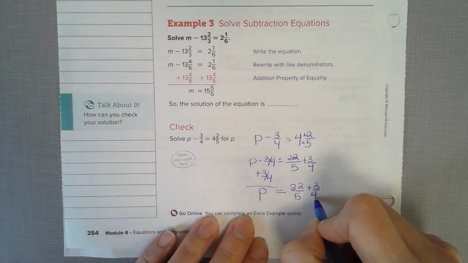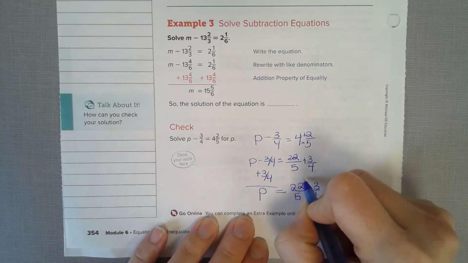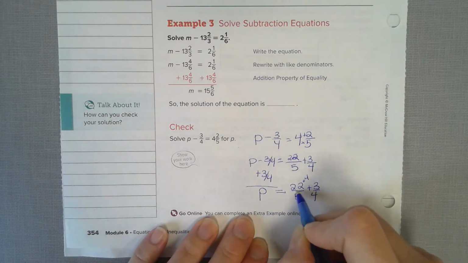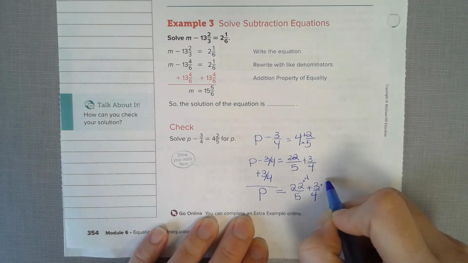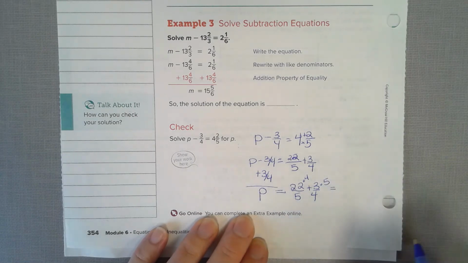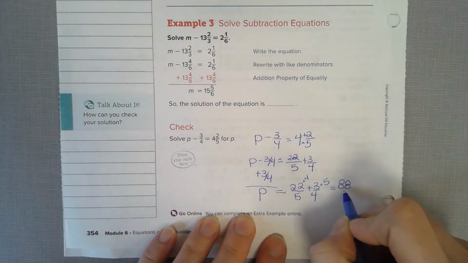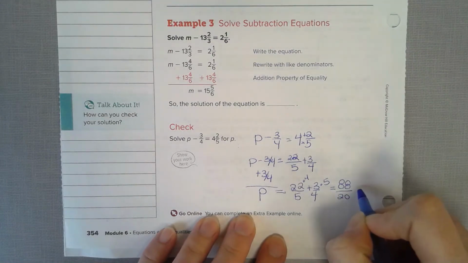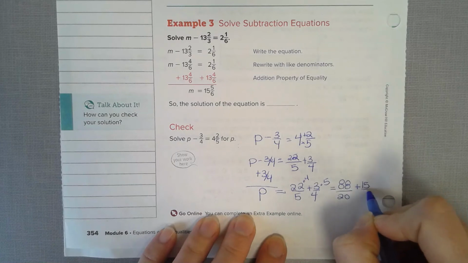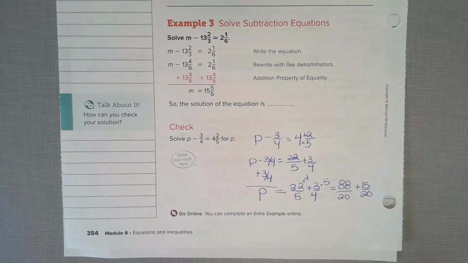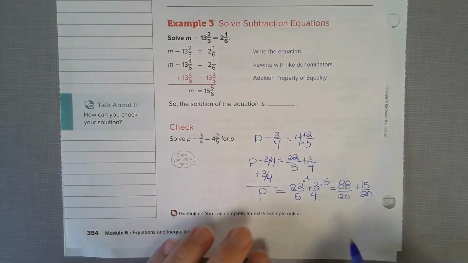I take this 4 and multiply it on this side. And I take this 5 and I multiply it on this side. I'm going to rewrite. We get 88/20 plus 15/20. Add them together.